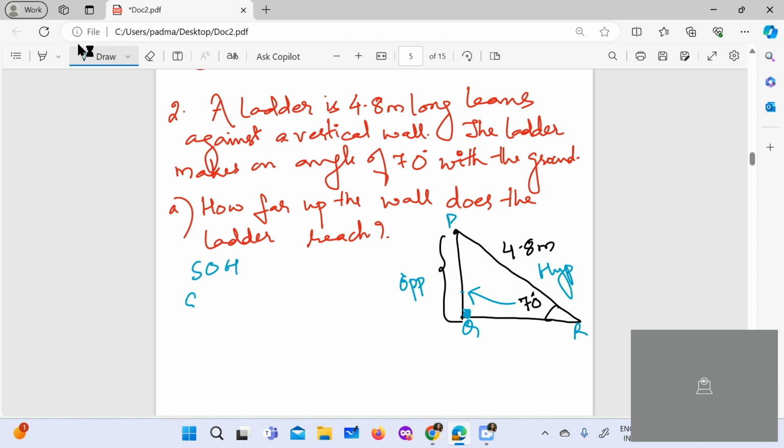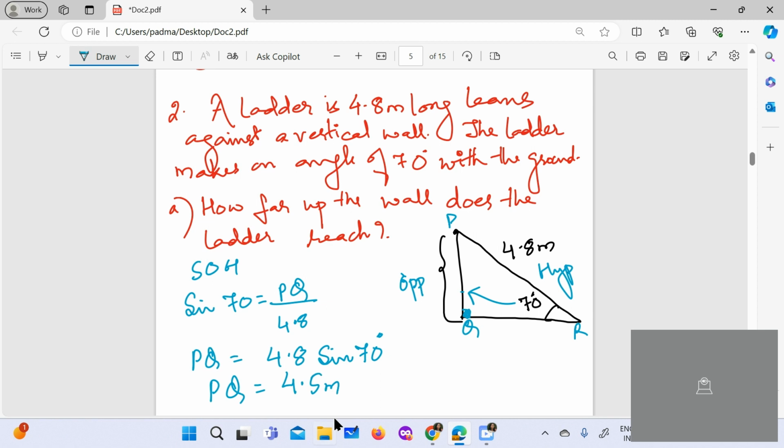So you write sine 70 degrees is equal to opposite, that is PQ, over hypotenuse, that is 4.8. We just cross multiply and we get PQ is equal to 4.8 times sine 70 degrees. Now you can input this in your calculator and directly get the answer as 4.5 meters. I hope this is clear to everyone.